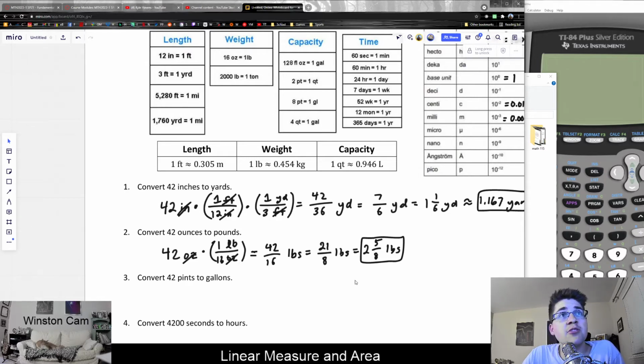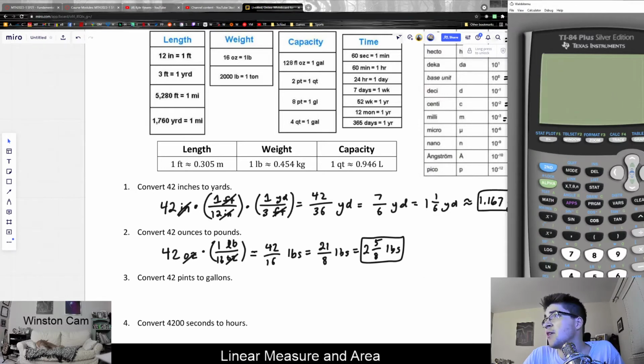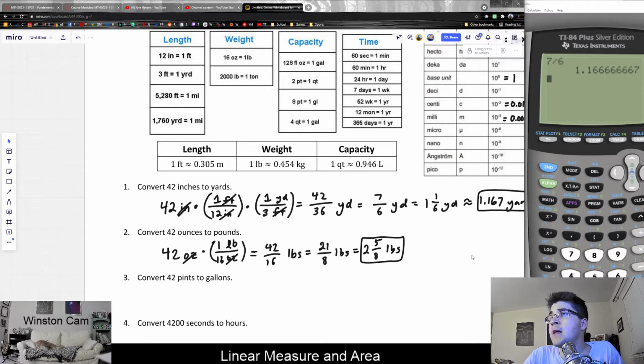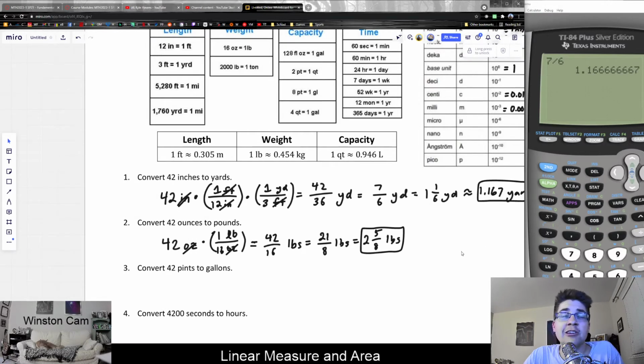But when you do round, just make sure that you are using the approximation symbol. Say if I was to do 7/6 on a calculator, make sure you round appropriately, and if you're rounding to the nearest hundredth or thousandth, make sure to round up or down. Always round to the nearest number depending on where you're rounding.